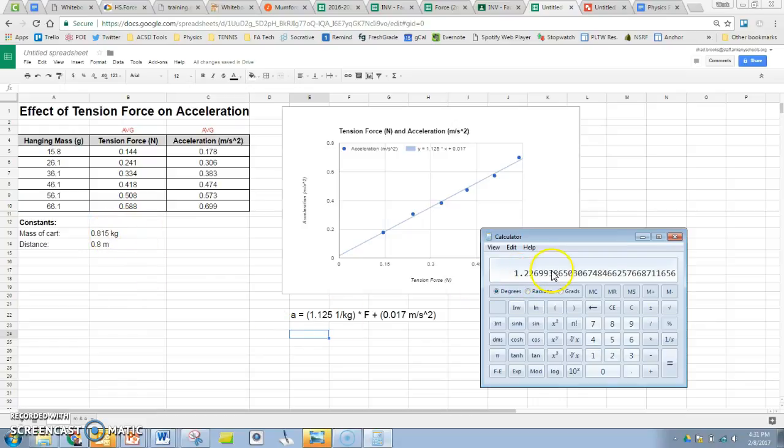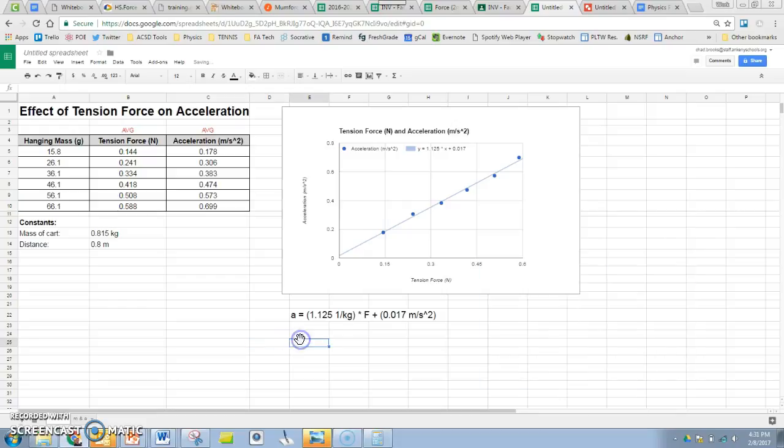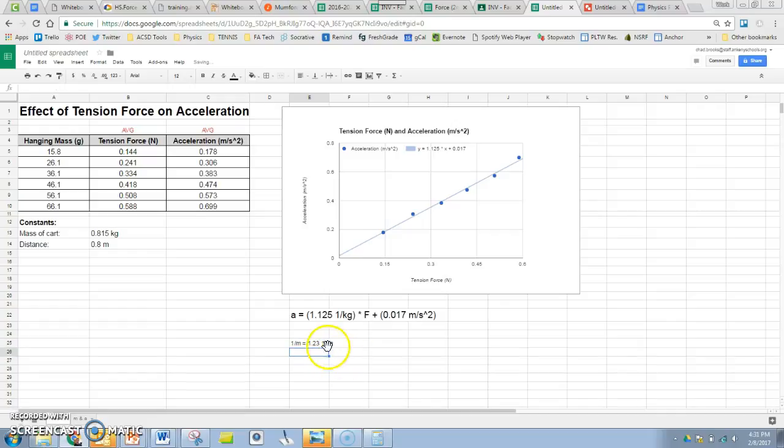So 1 over the mass is 1.23, 1 over kilograms. Well, that looks to be relatively close to our experimental determination of the slope. So our prediction of the slope of this graph being 1 over the mass looks like that might be correct.